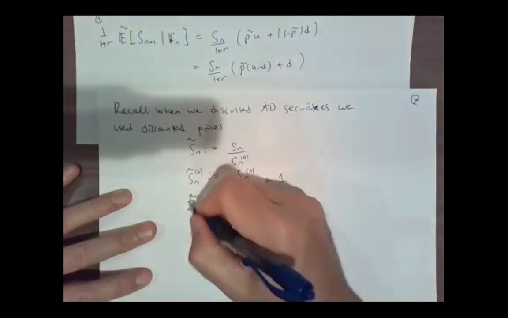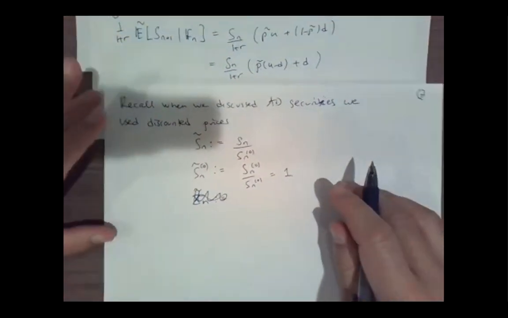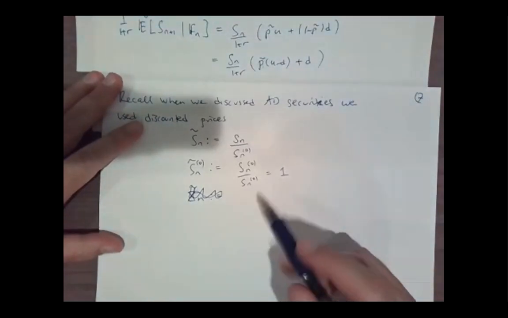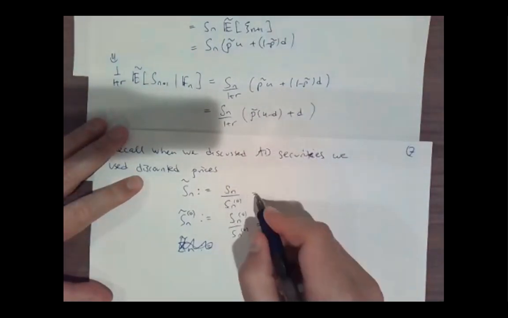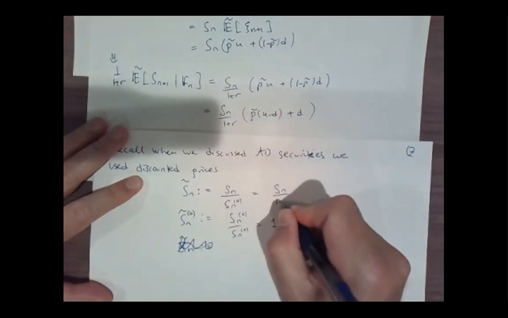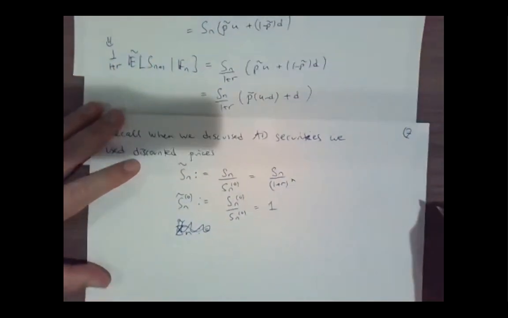Okay, so we're going to use that later. So if I cast everything in terms of the discounted prices, maybe I can write out what this one here is. This was Sn divided by 1 plus r to the n.